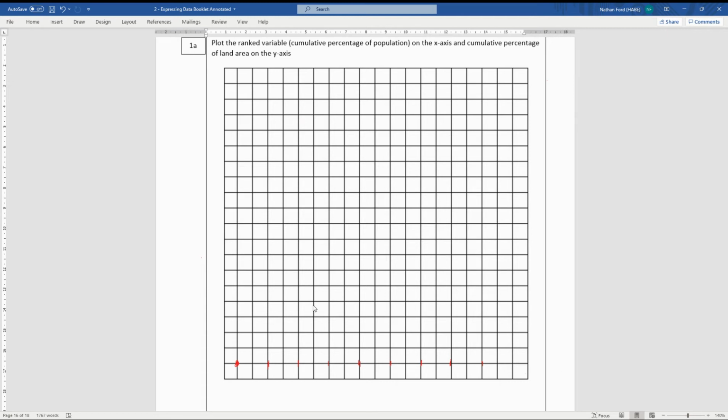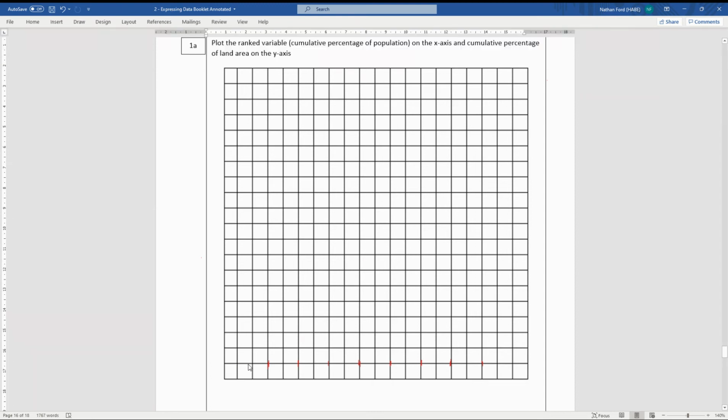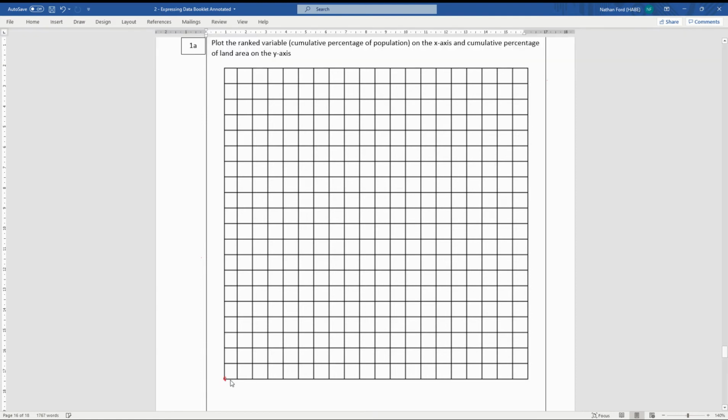And you can see how I ran out of gap, so I'm going to redraw it. Let's do it from the corner. 10, 20, 30, 40, 50, 60, 70, 80, 90, 100.